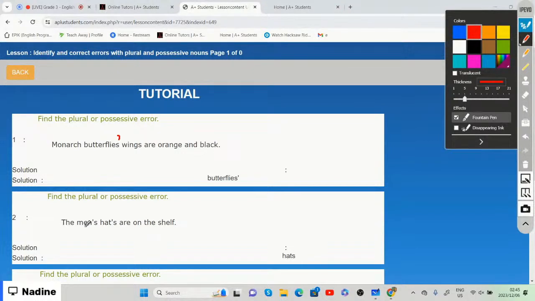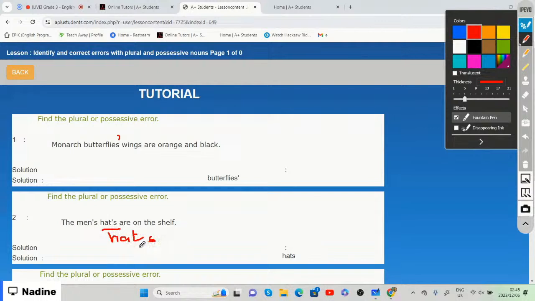And then we can say the men's hats are on the shelf. Hats. So the men's hats are on the shelf. Which means that if we fix hats, then we are removing the apostrophe and the s, and we're only putting hats, to show plural.